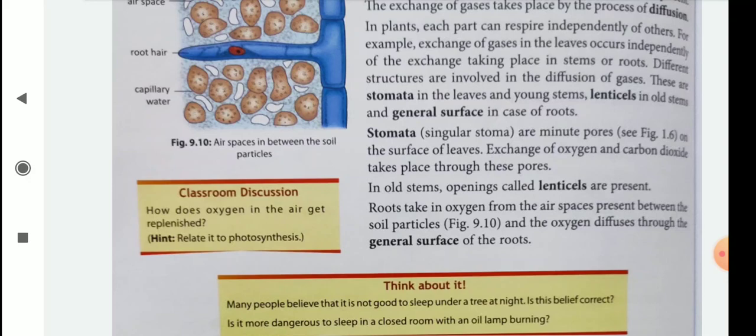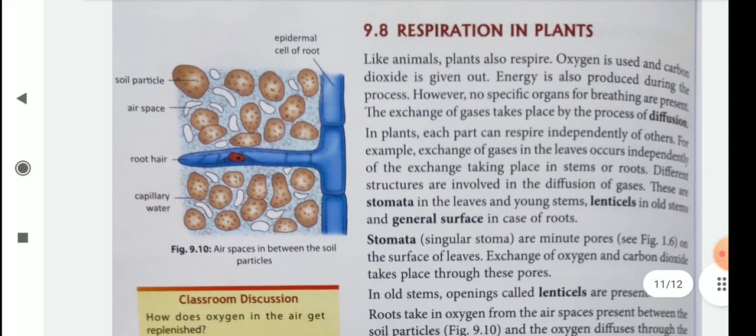So children, you remember lenticels are present only on stems. Roots take in oxygen from the air spaces present between the soil particles, and the oxygen diffuses through the general surface of the roots. So this is the chapter about respiration, in both animals and plants.